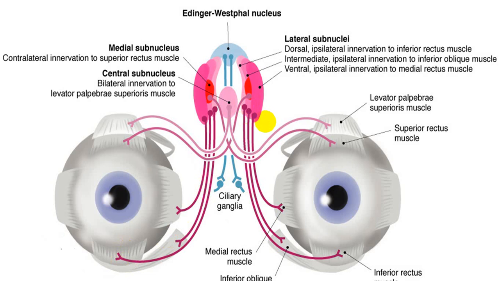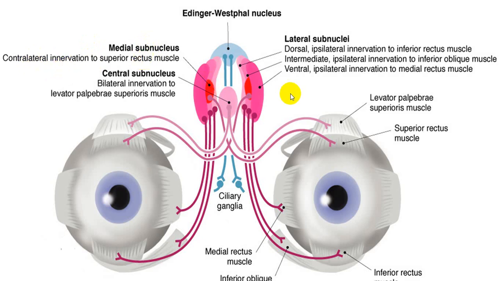Again, I am repeating: the levator palpebrae superioris is innervated by the central nucleus, which innervates both sides, while the superior rectus is innervated by the opposite side nucleus of the third cranial nerve, meaning contralateral innervation.